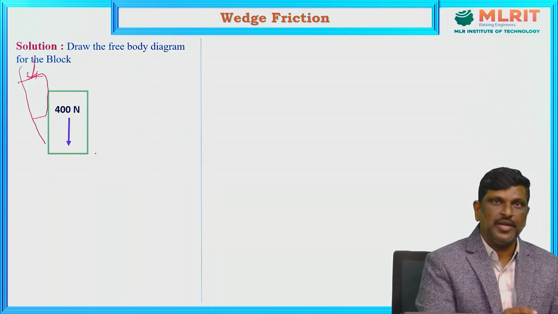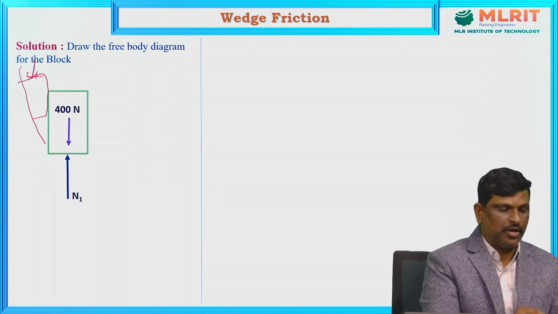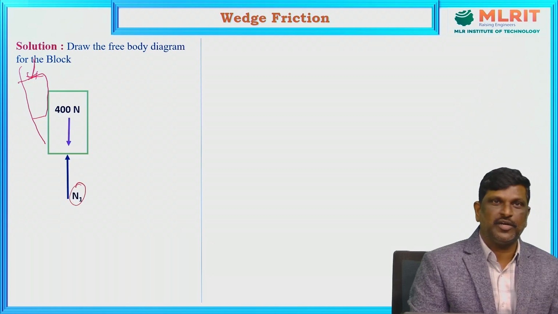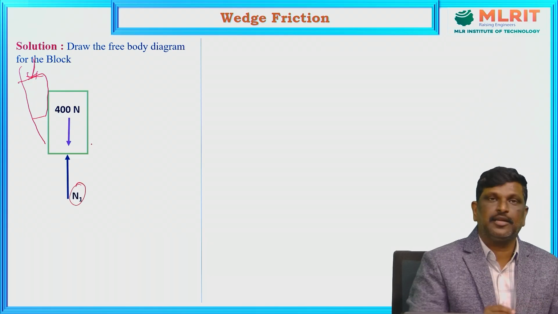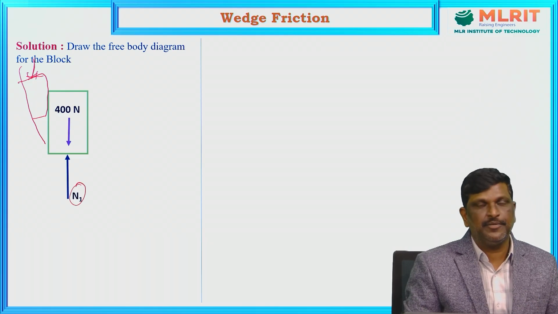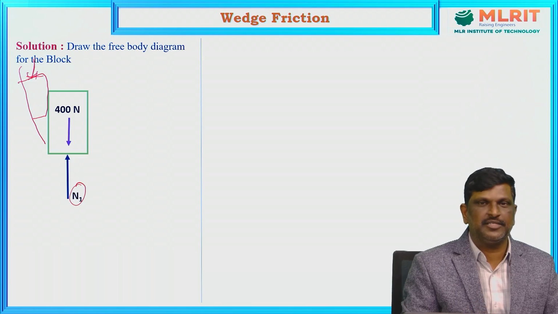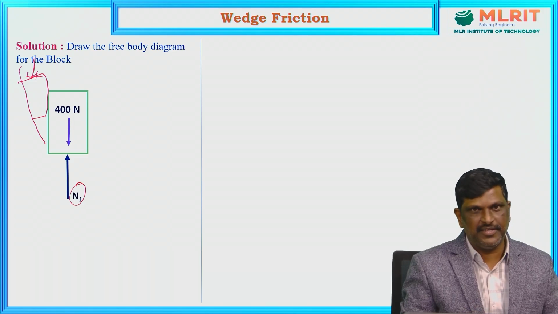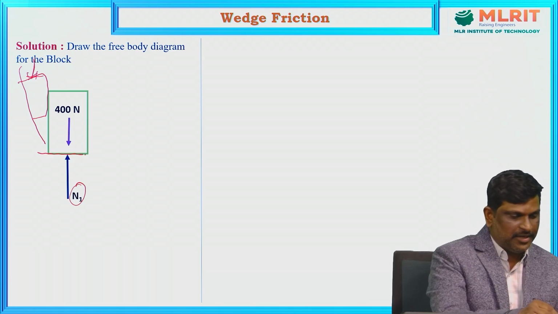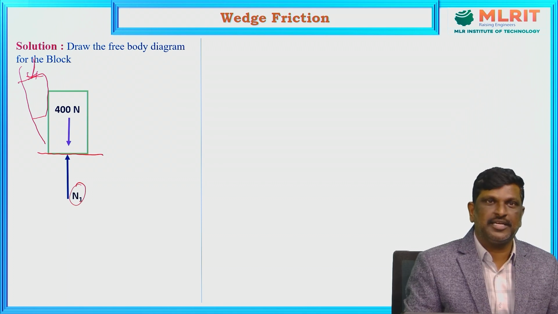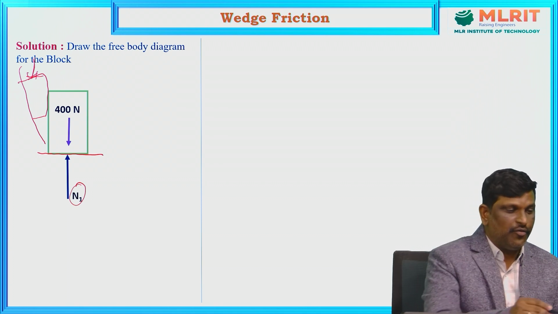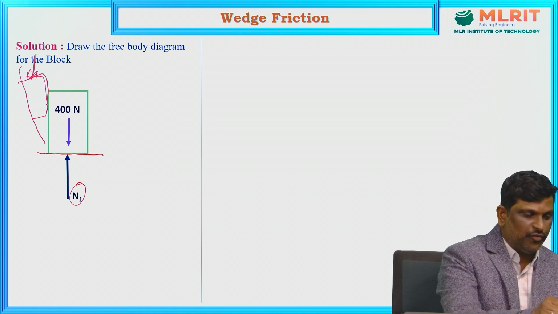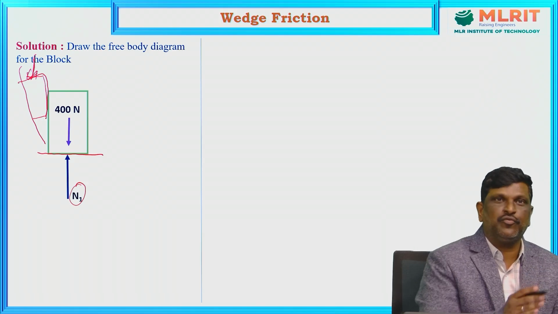Here the normal reaction from the ground is vertically upwards because the block is resting on a horizontal plane. The normal reaction is always perpendicular to the contact surface. Here the contact surface is horizontal, that's why the normal reaction is upward. Now, if the wedge is pushed downwards, the body will move towards the right side.